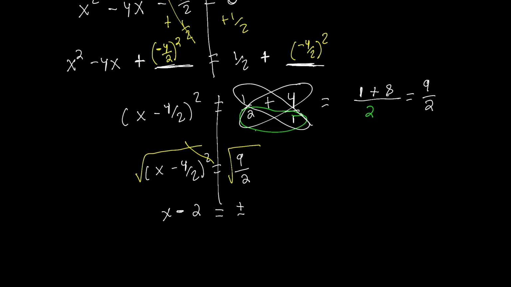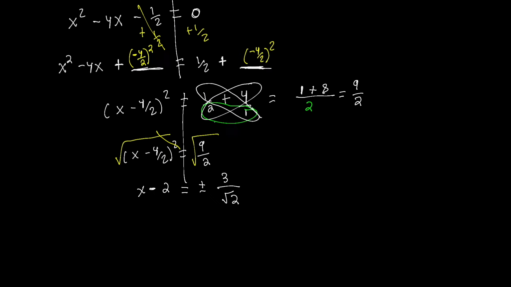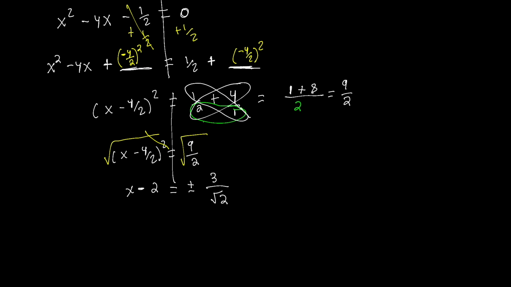So I'm going to write 3, and then 2 doesn't have a perfect square, so I'm going to keep it as root 2. And to isolate x, now we're going to add 2 to both sides. So the 2s are going to cancel out, and I'm going to be left with x equal to 2 plus or minus 3 root 2.